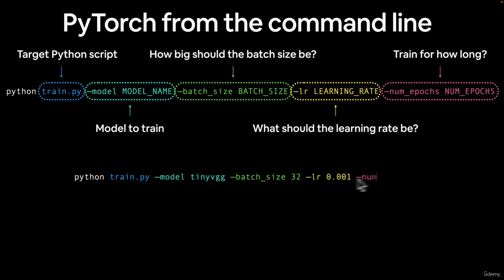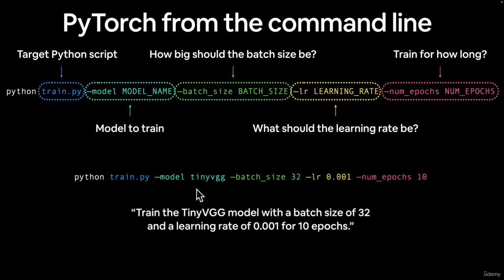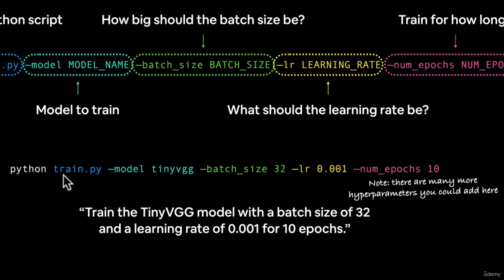But here's an example. If we wanted to train our tiny VGG model from the last section, we could write python train.py --model tiny_vgg --batch_size 32 --lr 0.001 --num_epochs 10. And of course, you might be guessing, could we add more hyperparameters here, such as number of hidden units or number of layers?